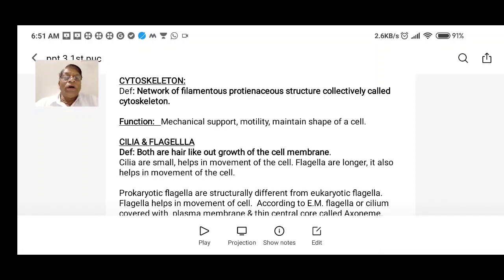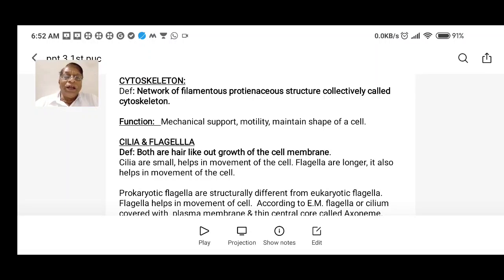The network of filament is made up of proteinaceous structure which is present in the cytoplasm of the cell.